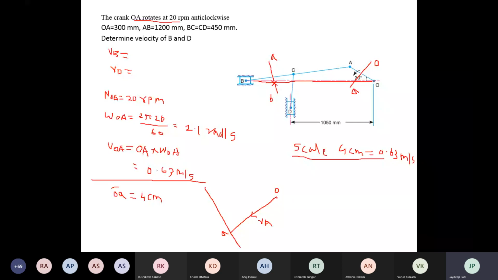I will draw the horizontal line where vectors OB and AB intersect. You will get the B point. Now to show the velocity, show the arrow towards B or away from A. You will get the velocity of B with respect to A. Next, velocity of B with respect to the fixed point.